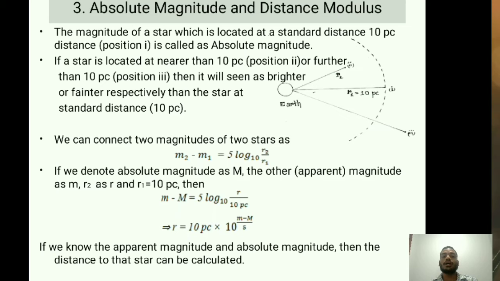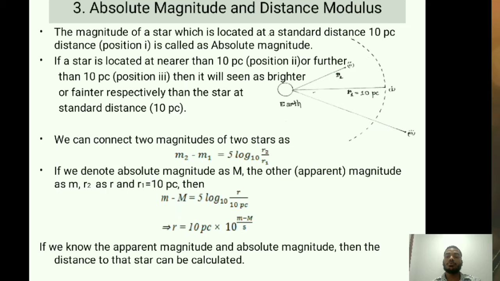Now we can connect two magnitudes of a star as m2 minus m1 is equal to 5 log10 (r2 by r1). Now if you denote r2 as r, r1 as 10 pc, absolute magnitude as capital M, and apparent magnitude as small m, then m minus M is equal to 5 log10 (r by 10 pc), which leads to r is equal to 10 pc times 10 to the power (m minus M) by 5, where r is the distance to the star.